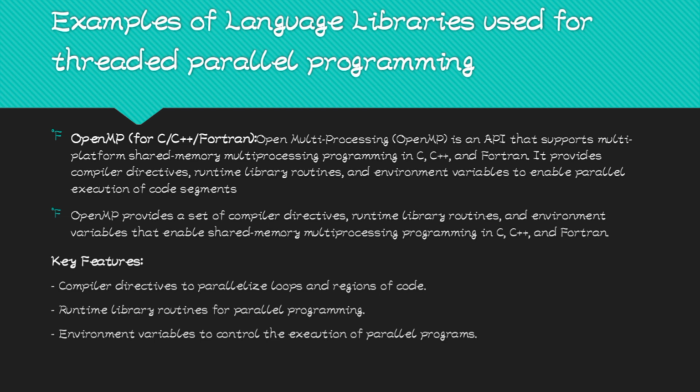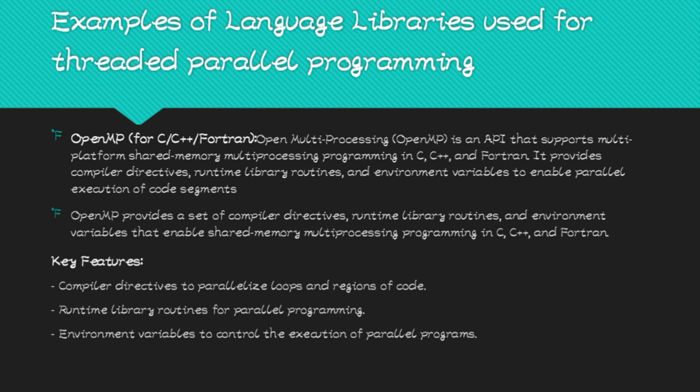OpenMP is an API that supports multi-platform shared memory multiprocessing programming in C, C++, and Fortran. It provides compiler directives, runtime library routines, and environment variables to enable parallel execution of code segments.